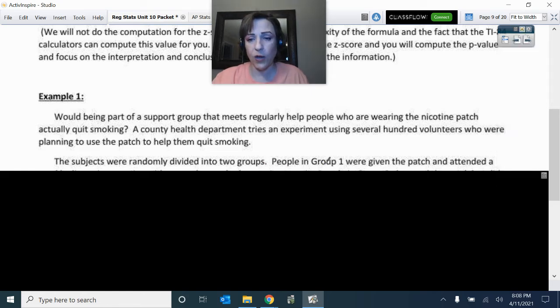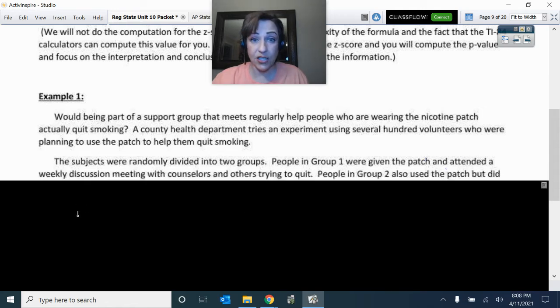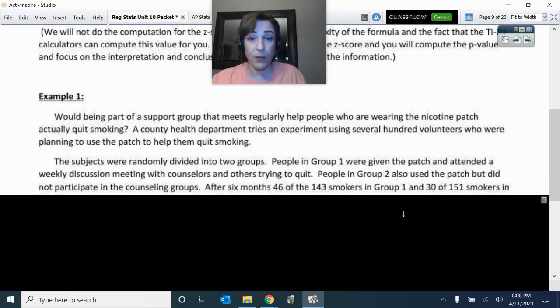People in group 1 were given a patch and attended a weekly discussion meeting with counselors and others who were trying to quit smoking. People in group 2 also used the patch, but they did not participate in the counseling groups.